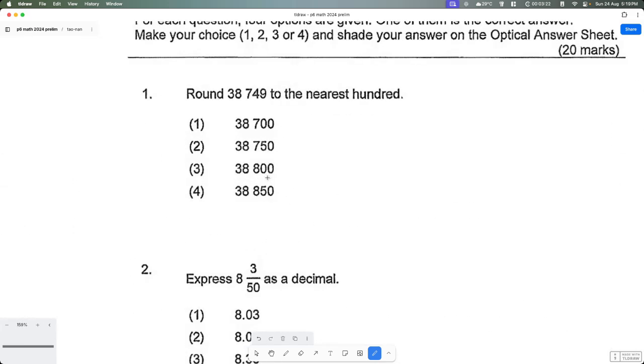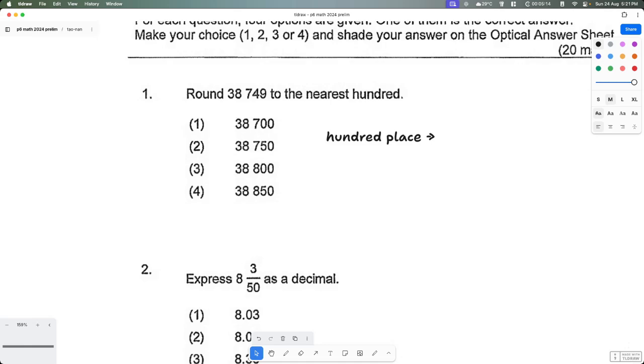Question number 1. It says here, round 38,749 to the nearest 100. So nearest 100, the 100 place is equal to 7, right? And the digit before the 100 place is 4.